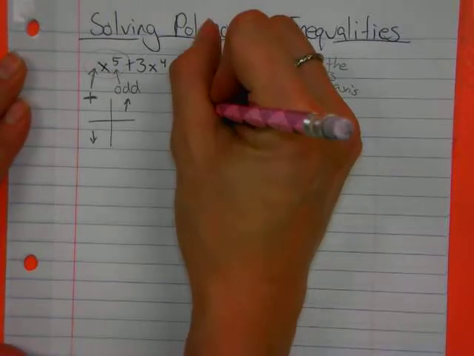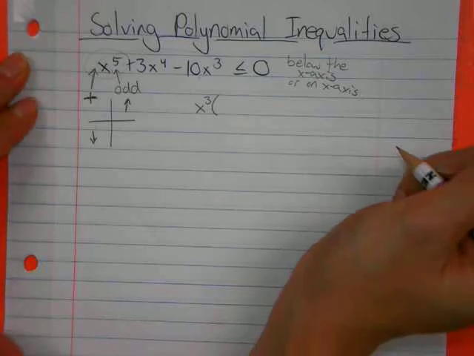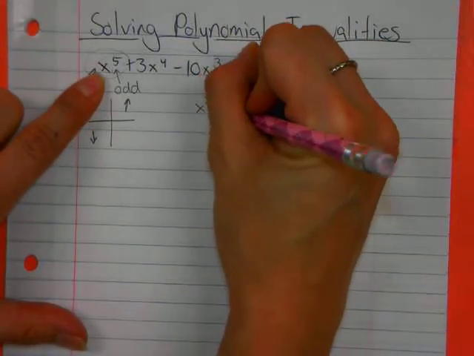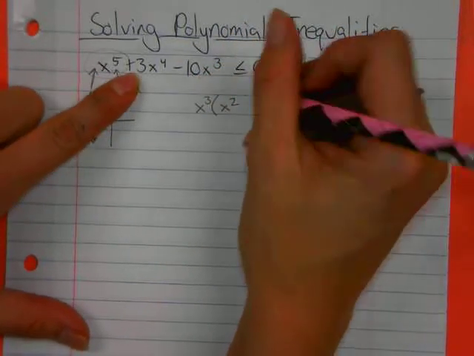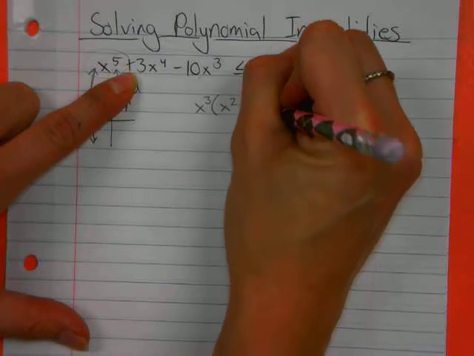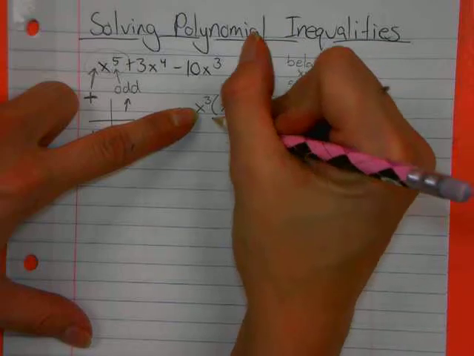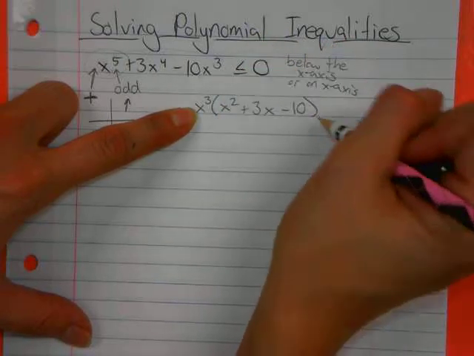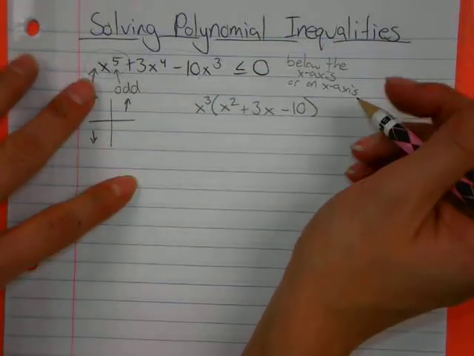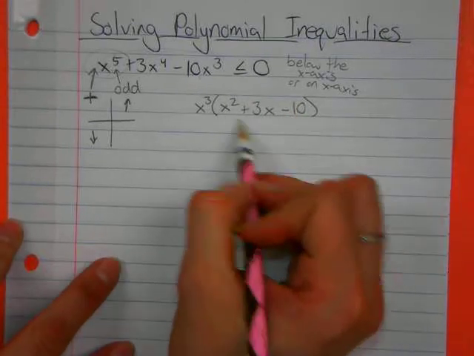So I'm going to start by factoring out an x cubed. For the first term, it would leave behind an x squared. Second term, plus 3x. And the last term, minus 10. X to the 5th, plus 3x to the 4th, minus 10x cubed. Looks good.